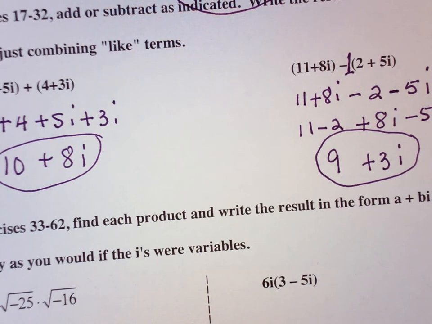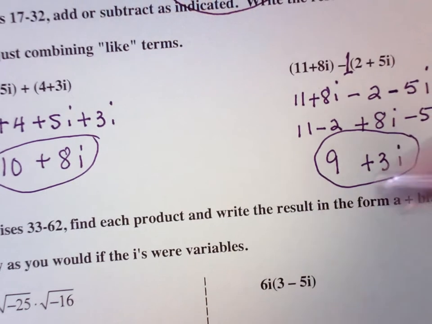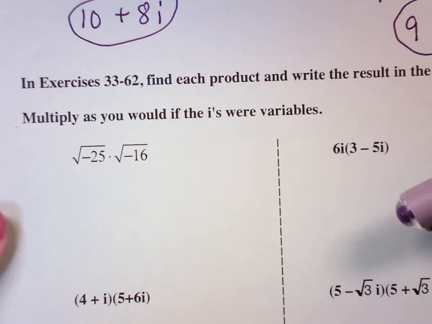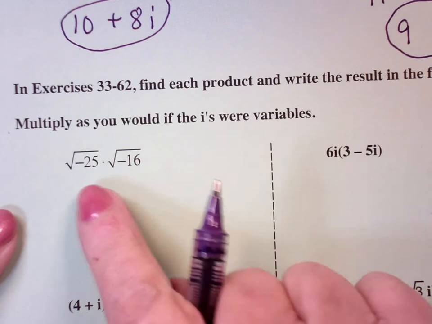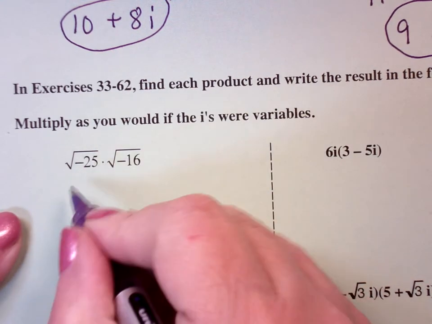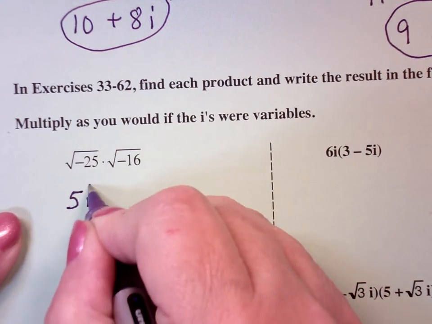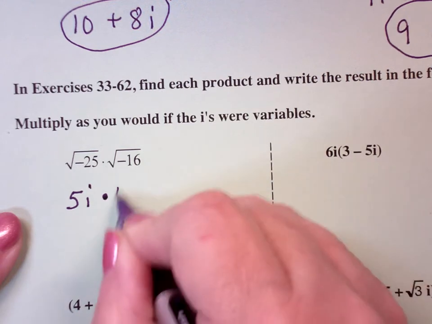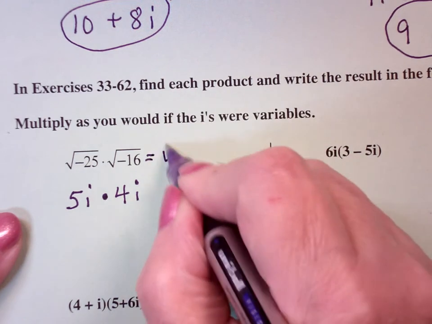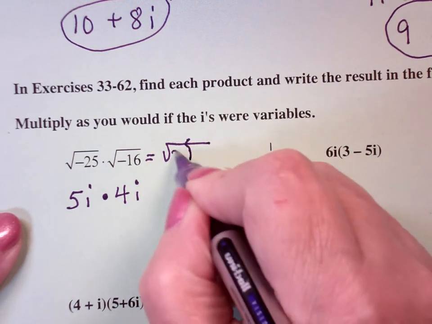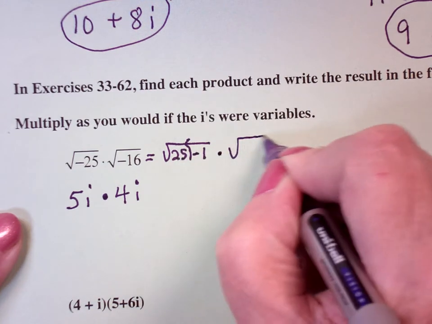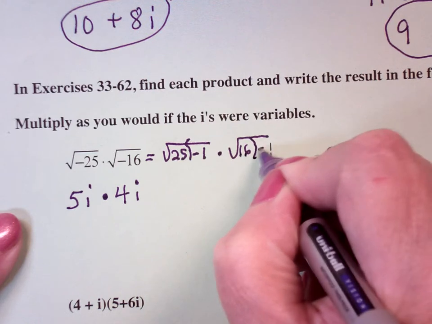Multiplication is far more exciting, unfortunately. When you're dealing with radicals with negative numbers on the inside, the first thing you're going to have to do is simplify each of these radicals first. This guy is 5i times 4i. And remember, essentially, this is the square root of 25 and then negative 1 times the square root of 16 and negative 1.